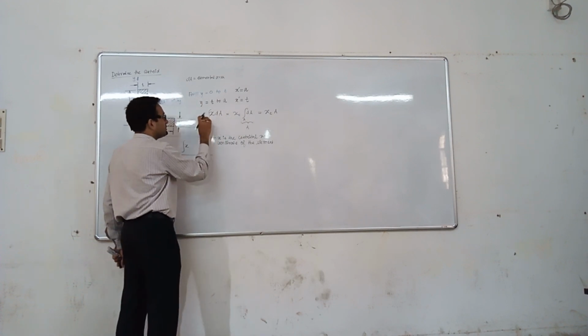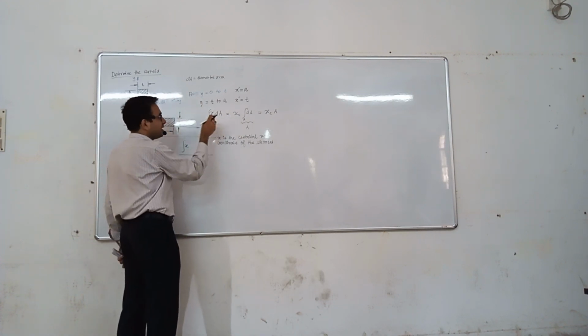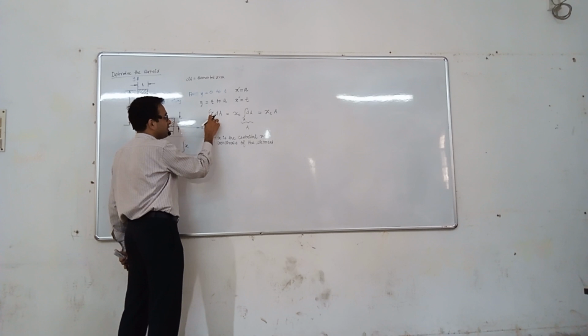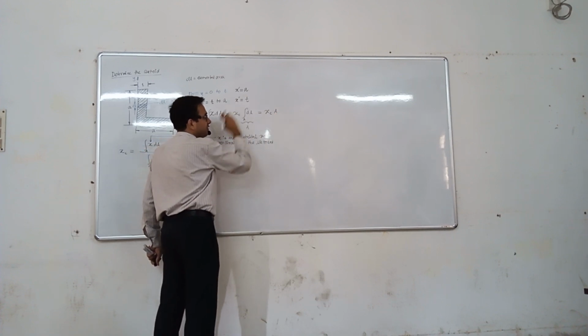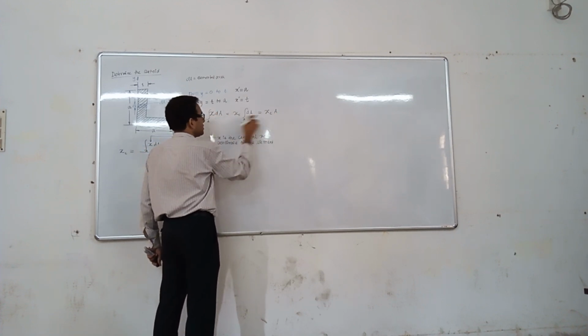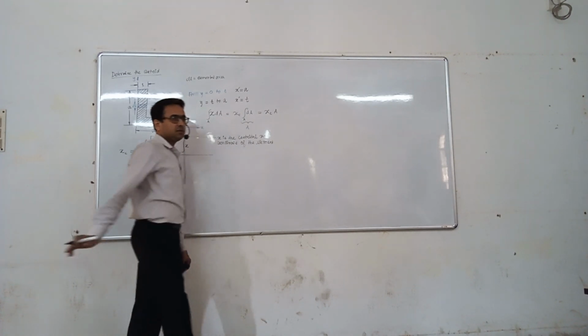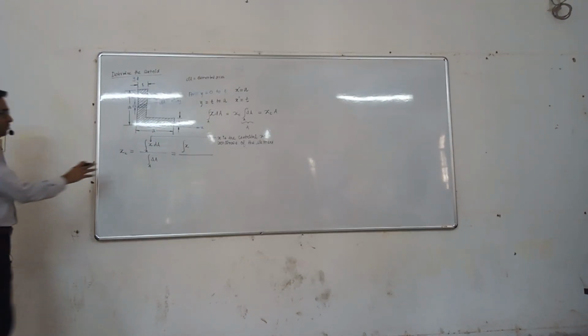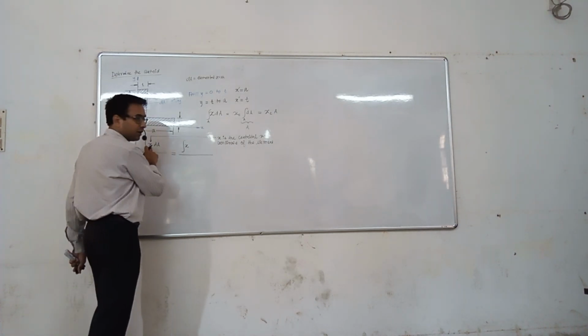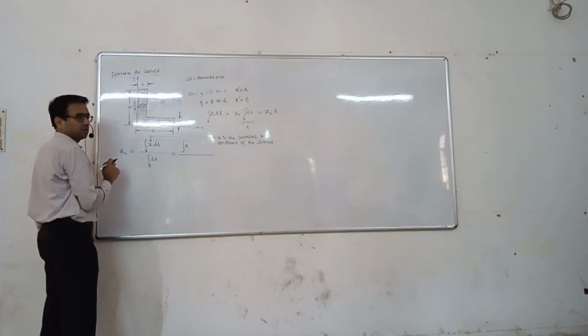When I take small strips and add the product of the centroidal coordinate of each and its area, I get the product. Now I know this, I will divide this with this, and then I will get the centroidal coordinate of the whole area. Clear?